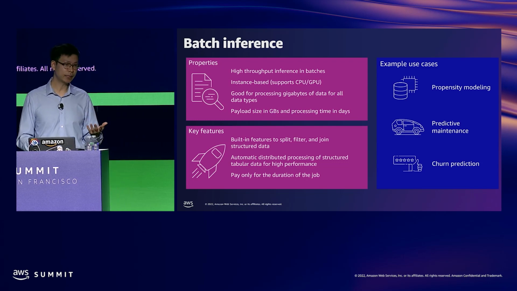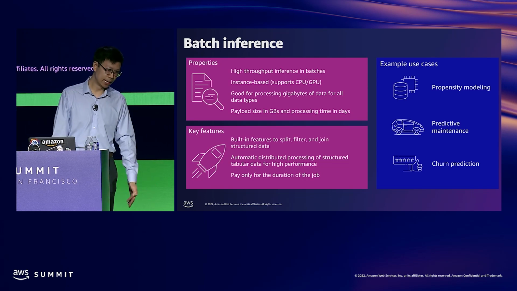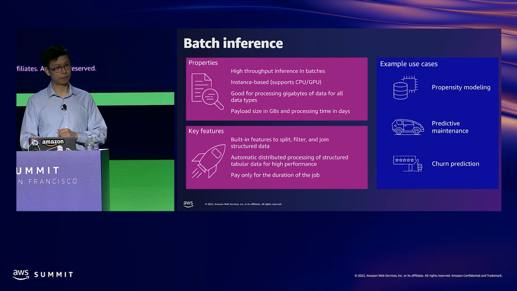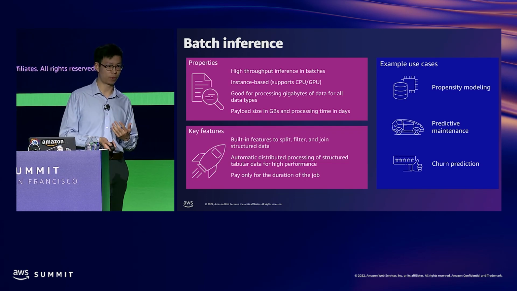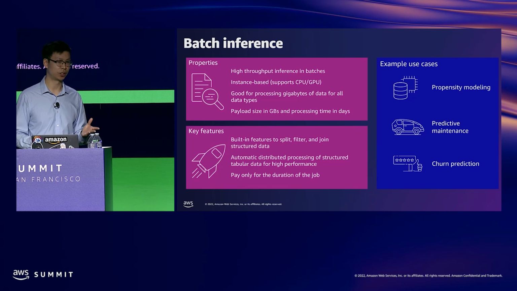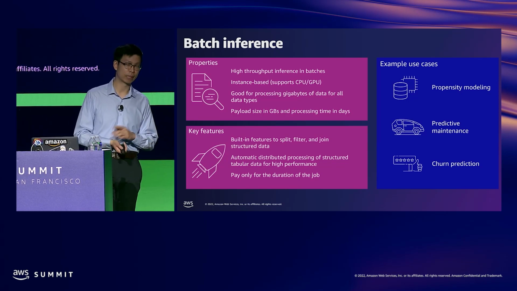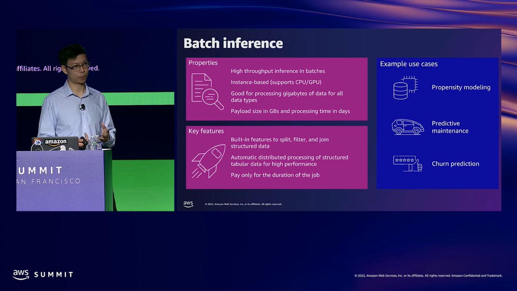It has built-in features to help you split, filter, and join structured data. And if you're using structured data with batch inference, we'll also automatically distribute the processing for high performance. And because it is a batch inference job, you only pay for the duration of that job as well. Some example use cases are propensity modeling, predictive maintenance, and churn prediction.